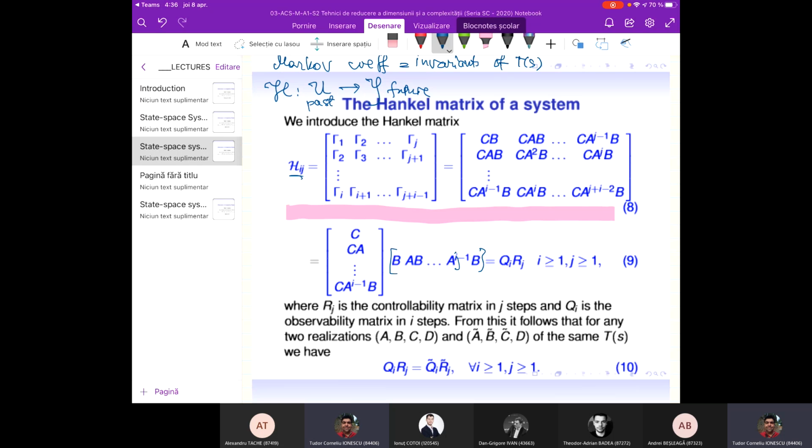Just like the Markov parameters were invariant with respect to coordinate transformation, this holds as well for the Hankel matrix. It's invariant to coordinate transformations. This is very important. So that means that the minimal dimension must be unique.